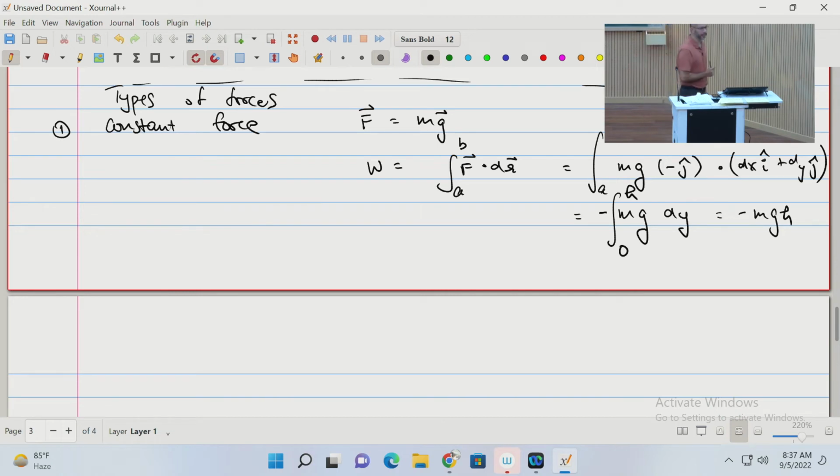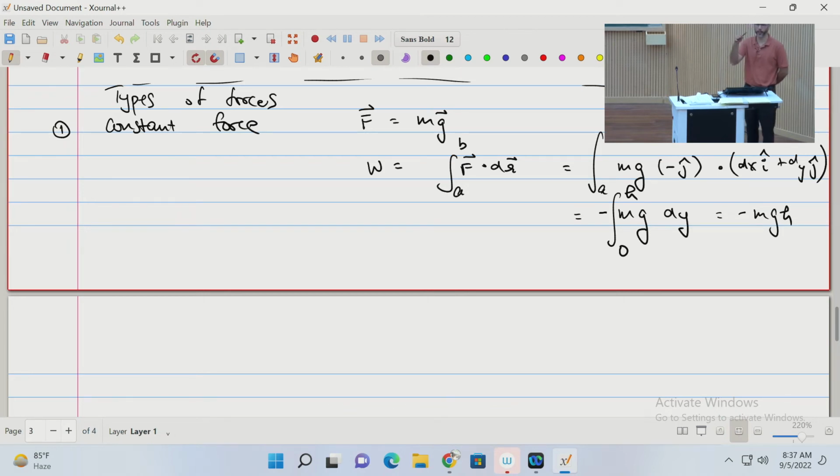This is something interesting we see here. It only depends on y. Right? It only depends on y. It only depends on the change in y. I could have taken any path.